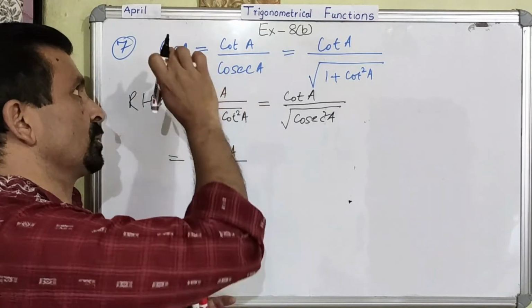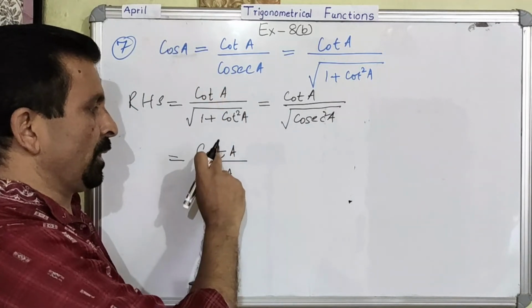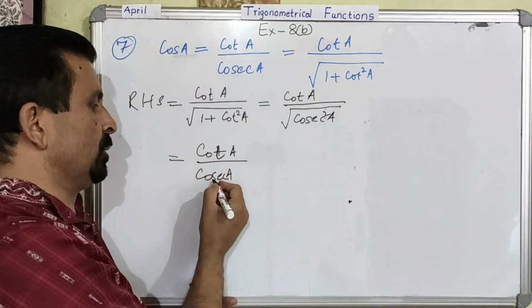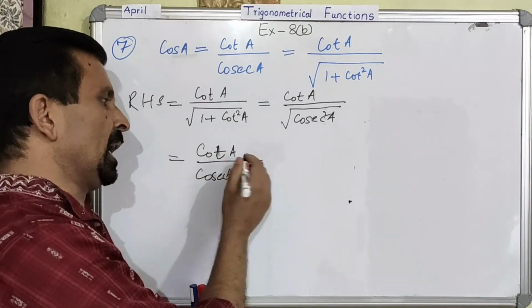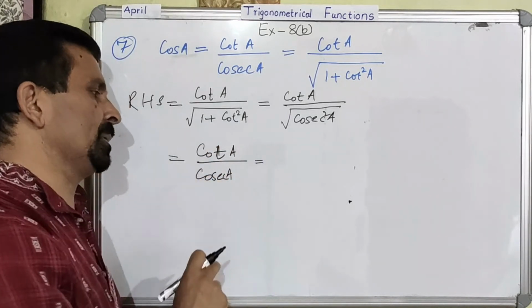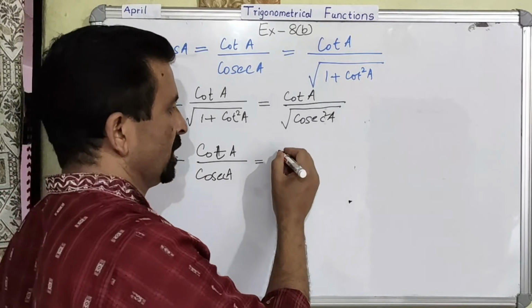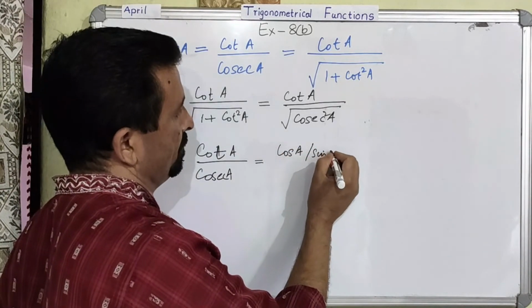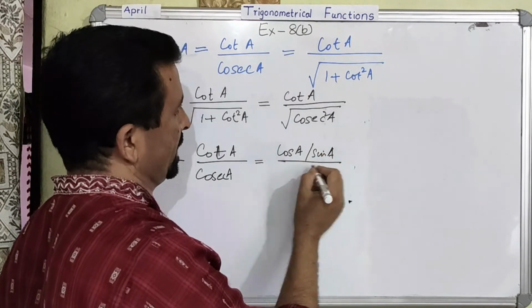Now from this result you have to try to get this one. So now for this cot A over cosec A, we don't have any identity, and therefore I will change this into fundamental trigonometrical ratio. So the fundamental trigonometrical ratio of cot A is cos A over sine A, divided by this.